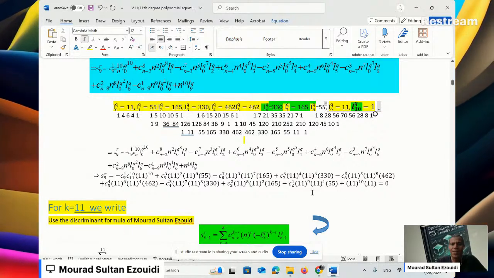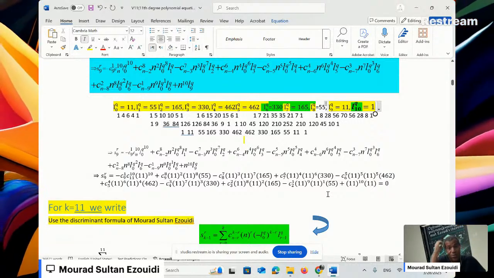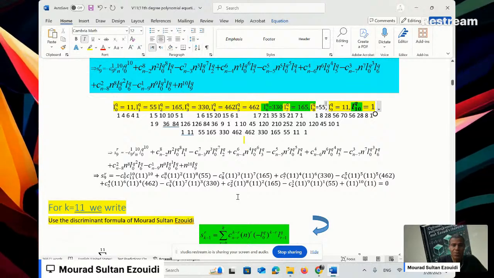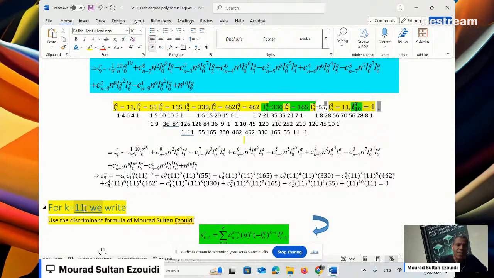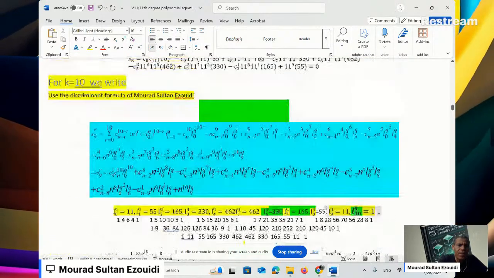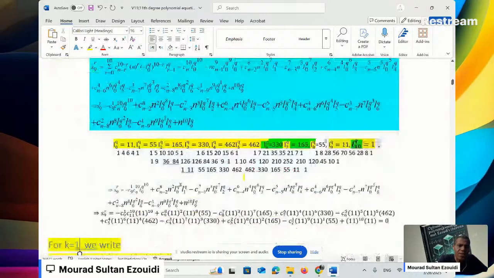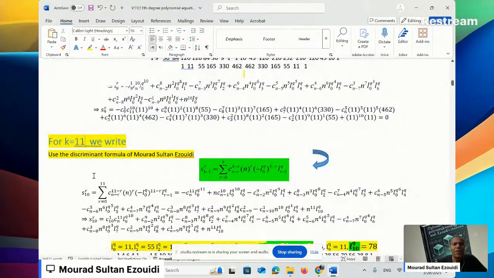After calculating, or typing this in your scientific calculator, you will see that S9 here is equal to 0. Now we reach the last step when k, just a moment, this is k equal to 10, yes, this is k equal to 11.